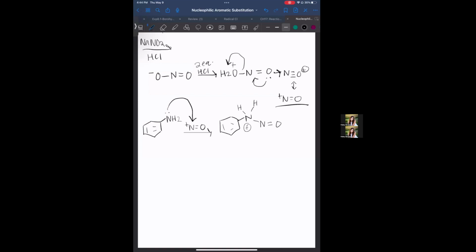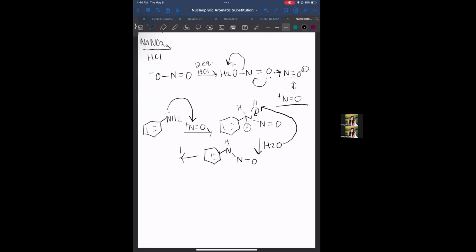All right, so now that we're here, we don't want to hold on to this positive charge on this nitrogen. So we're going to use a little bit of water, H2O, to grab one of these hydrogens and give those electrons back to the nitrogen. So now we're going to be left with our nitrogen with one H, single bonded to a nitrogen, double bonded to an O. And because this water just grabbed this hydrogen ion, now it's H3O+.